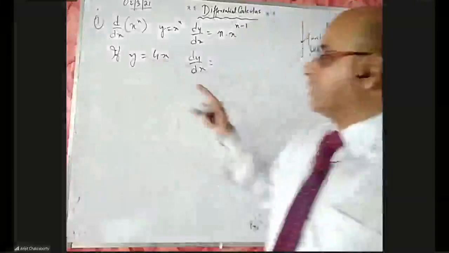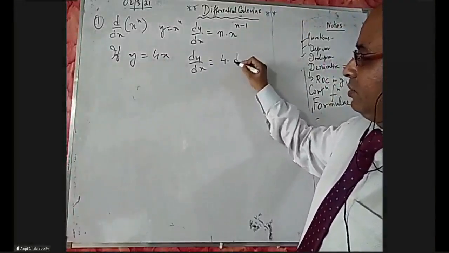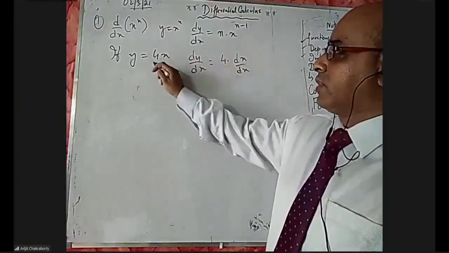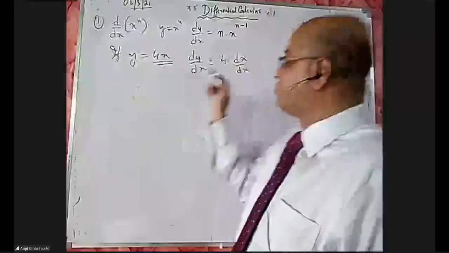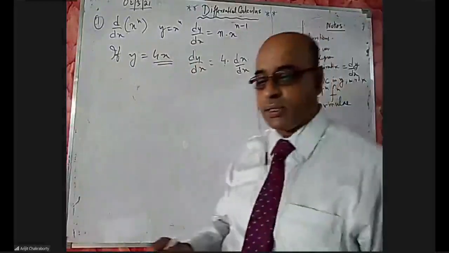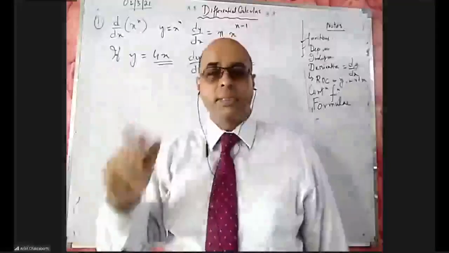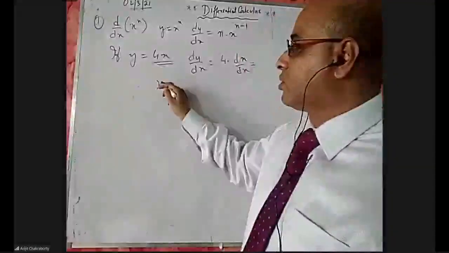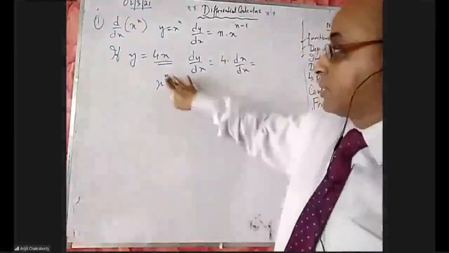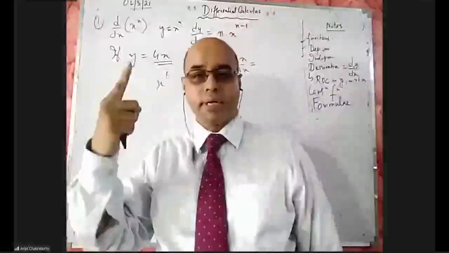This can be written as 4 into dx by dx, because instead of y, I write 4x, but the constant part, the 4, I bring outside, and I write dx by dx. Now x means x to the power 1.